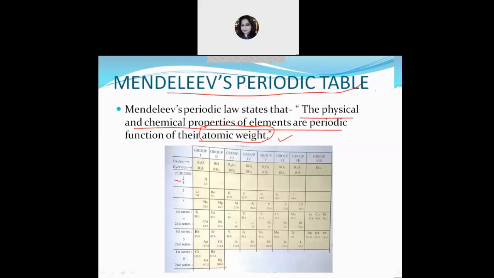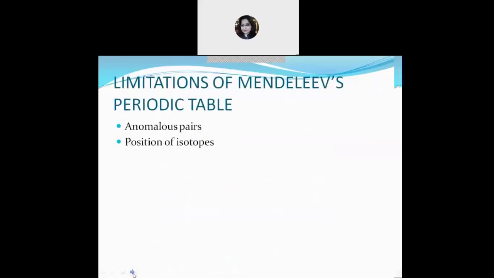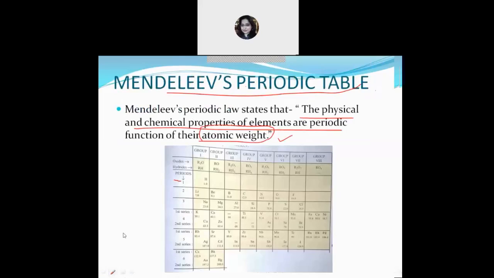For gallium, he left the gap and wrote it as Eka aluminium.